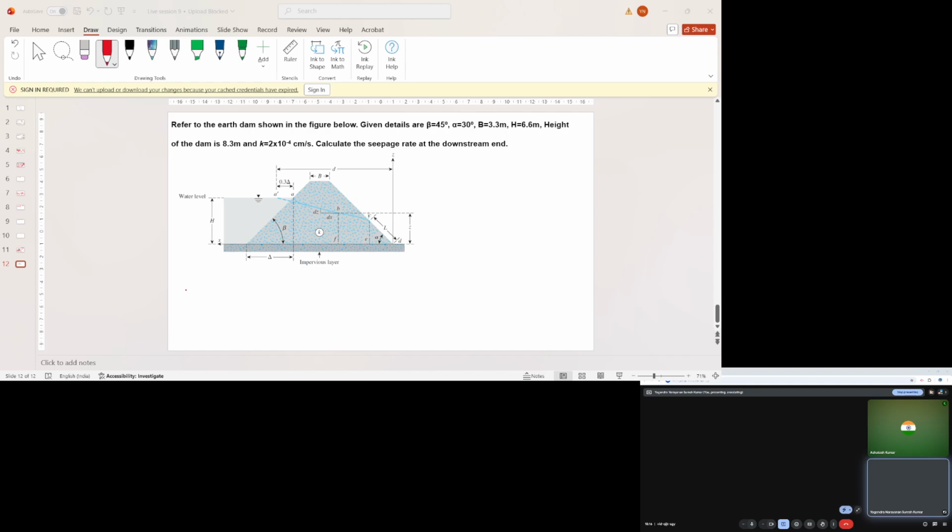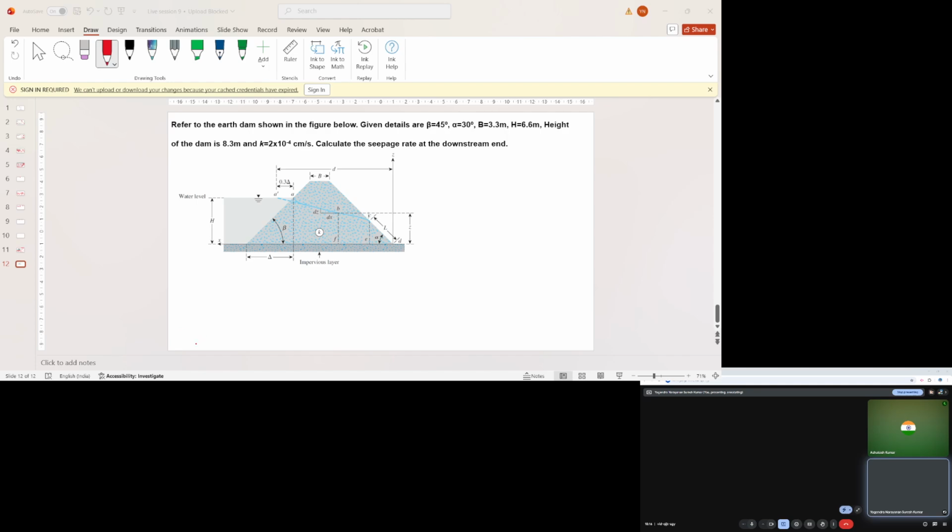So same thing, tan beta is equal to 8.3 divided by delta plus x. Tan beta is 1, so 8.3 is equal to delta, which is 6.6, plus x. X is going to be how much? 1.7 meters.